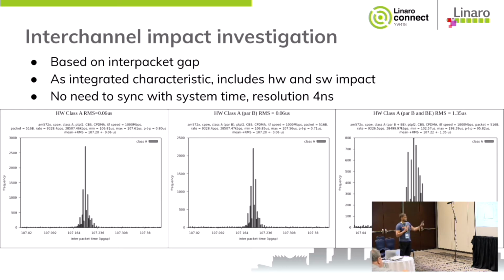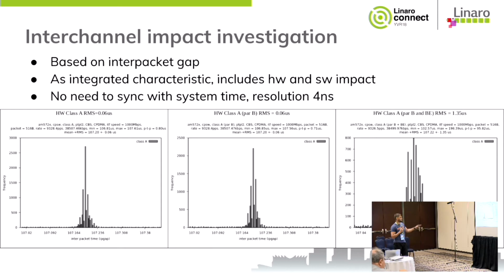So here are three histograms. One is for hardware class A. The second one is for hardware class A, and in parallel we have class B. And the third one is when we have class A and in parallel class B and best effort traffic. And this is the inter-packet time dispersion for these.